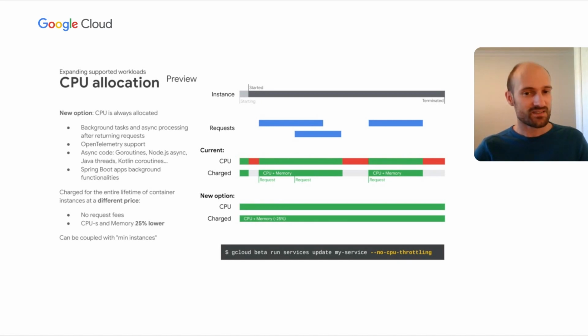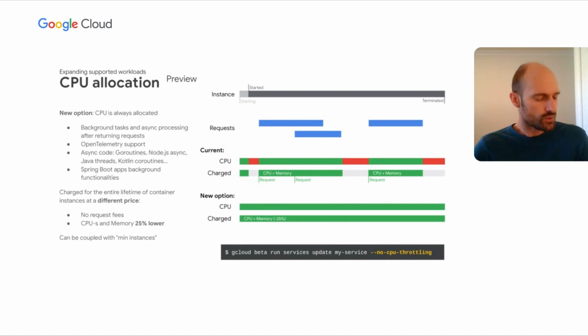So in that case, you would be charged, of course, for the entire lifetime of that container instance. But the CPU will always be available to that container instance. You can enable this via a simple command line flag on an existing or a new service, as well as a simple checkbox in the user interface.